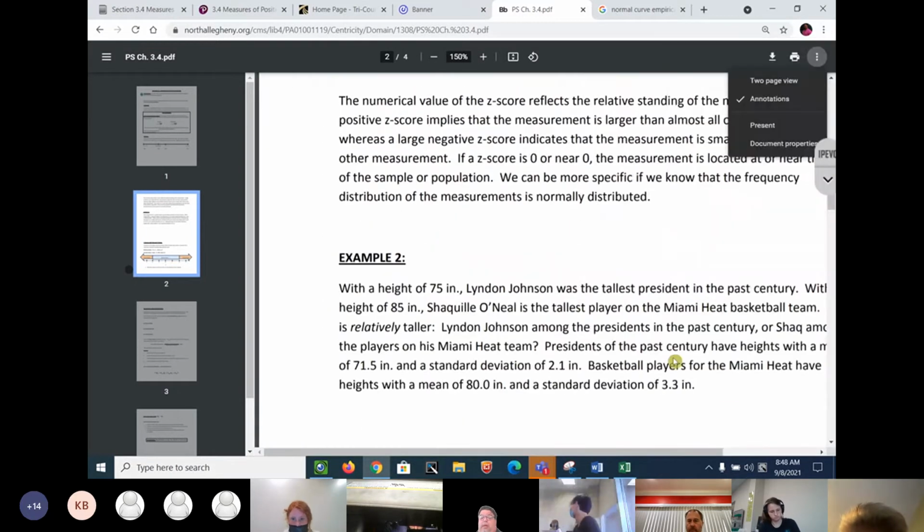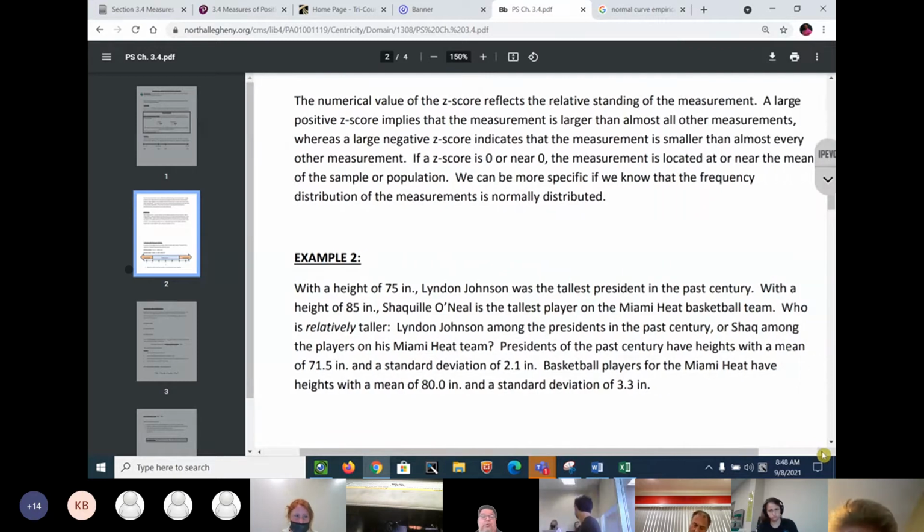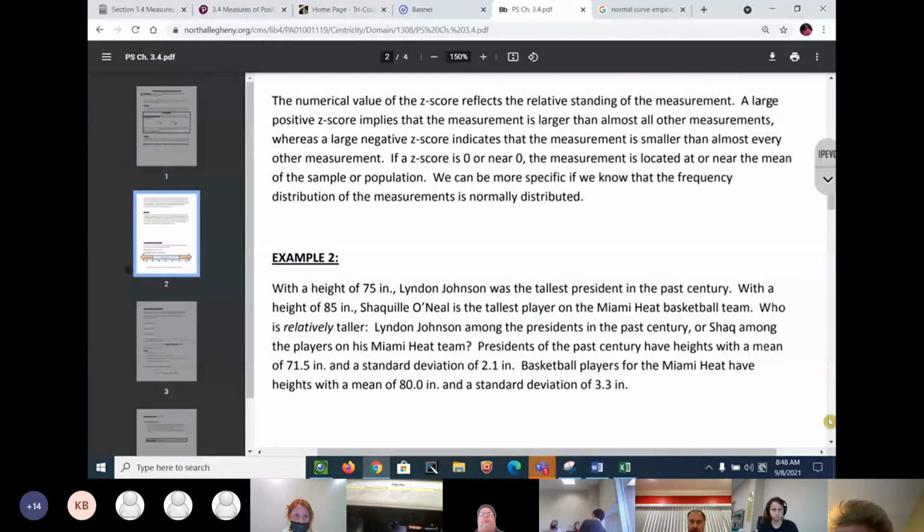I want you to write down example 2. You don't have to write it word for word. I just want you to write it so you can understand it. Example 2, write this down, please. LBJ versus Shaq.